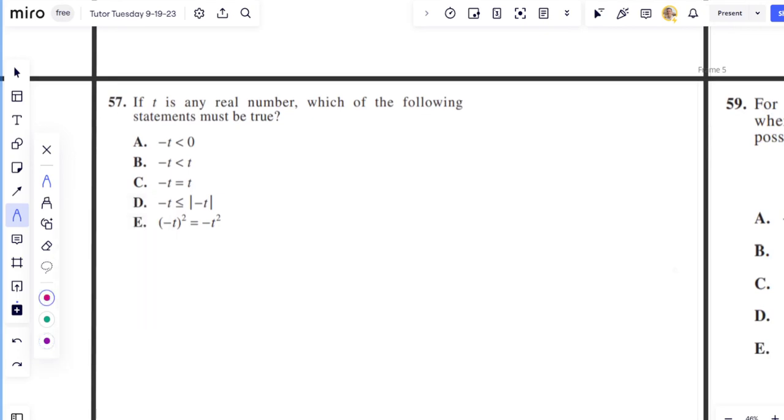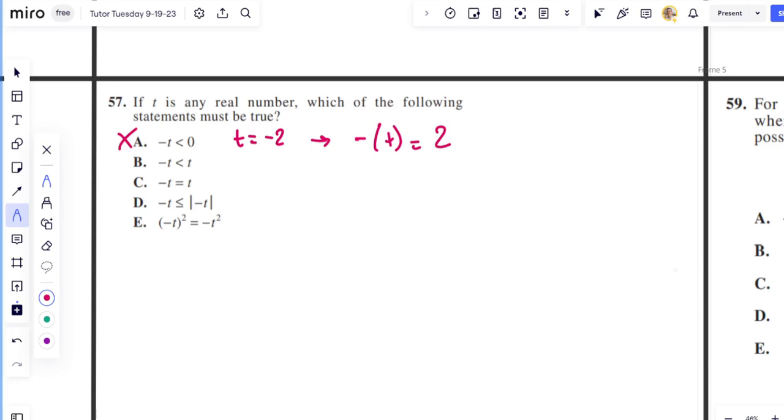It's true for some cases, but not going to work in the case of, for example, t equals negative 2. Then negative t equals 2, which is not less than 0. If you can find any real number that contradicts this statement, you know that it's false.